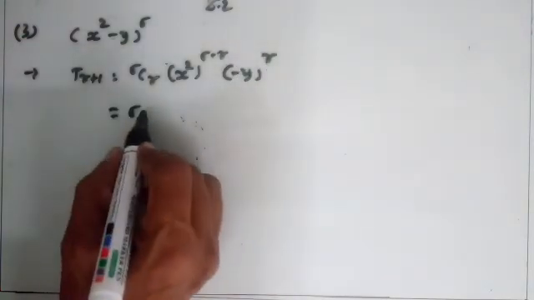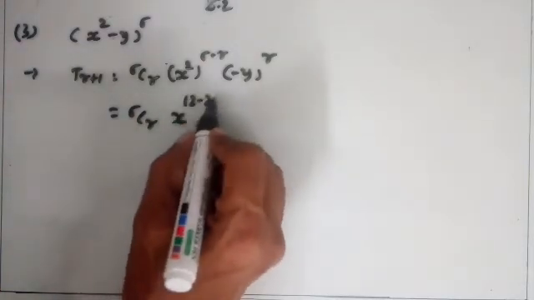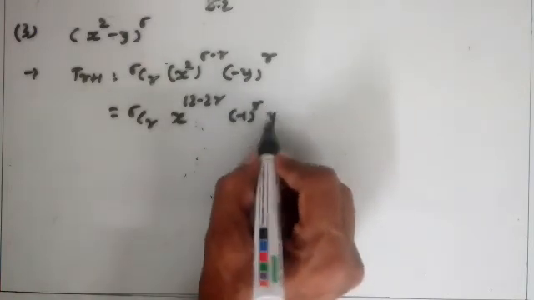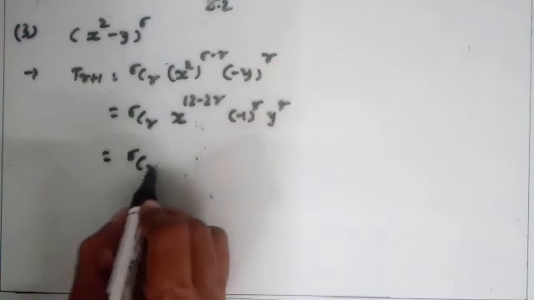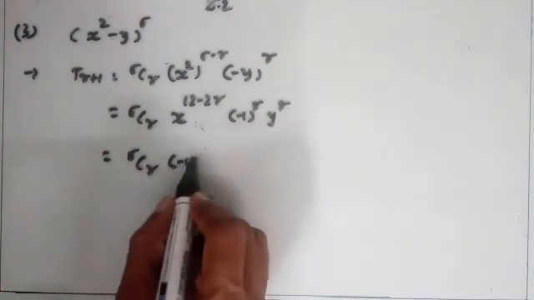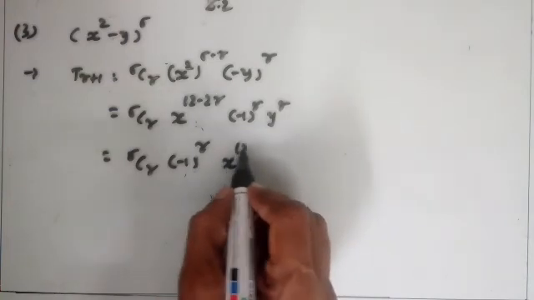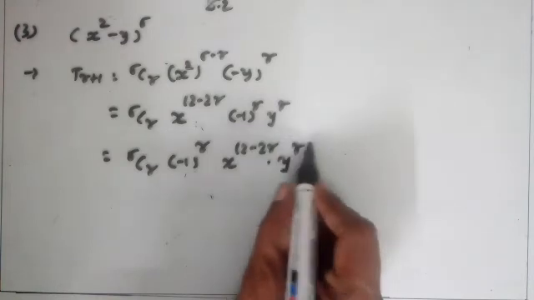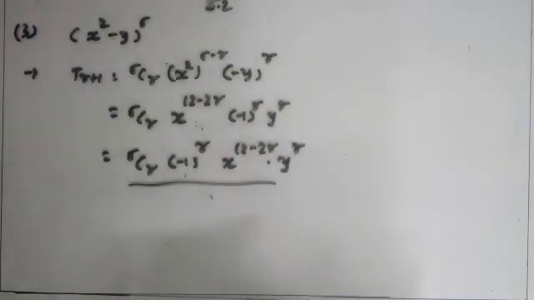So it is equal to 6Cr x raised to 12 minus 2r, minus 1 raised to r into y raised to r. Now simplify this: 6Cr, minus 1 raised to r into x raised to 12 minus 2r into y raised to r. Clear?